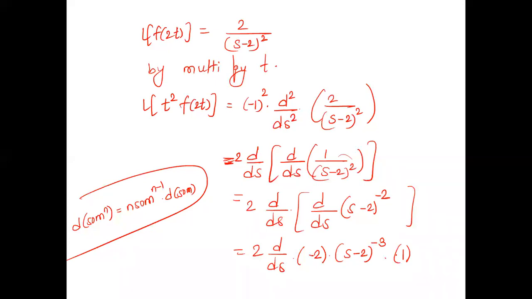So 1. Correct? Yes, ma'am. Right. So it is 2 into minus 2 into 1, so it is minus 4 can come out. D by ds of s minus 2 raised to minus 3. Can we again use something raised to n here? As one more derivative we have to take.